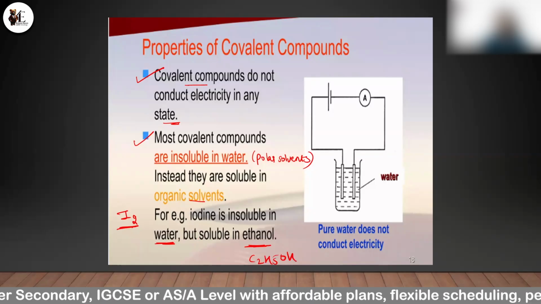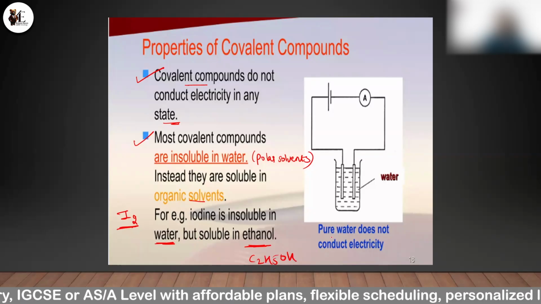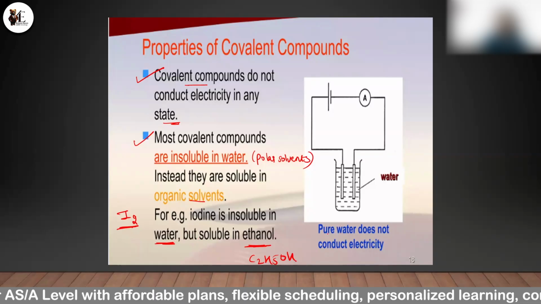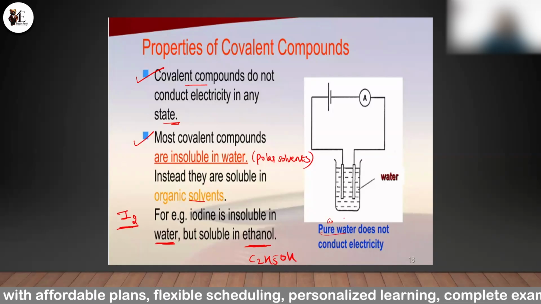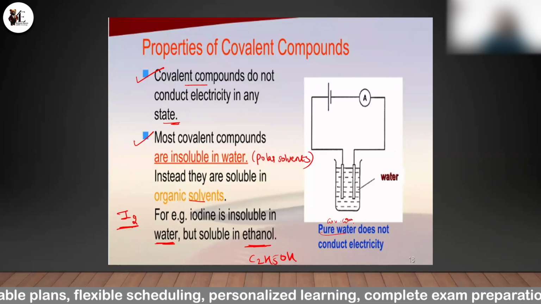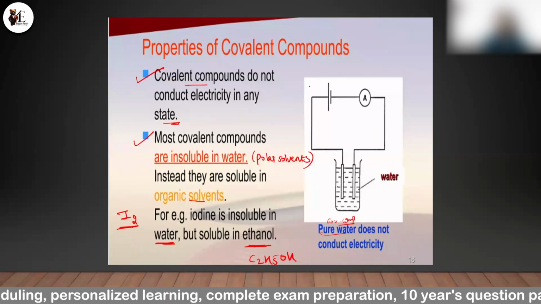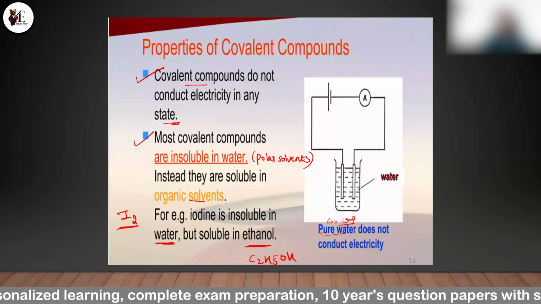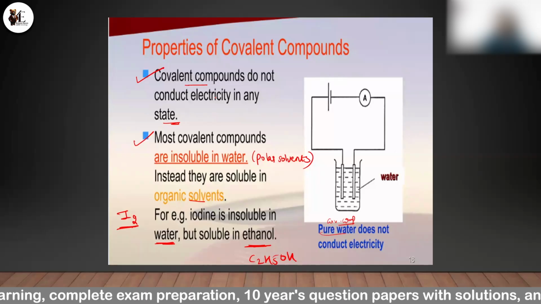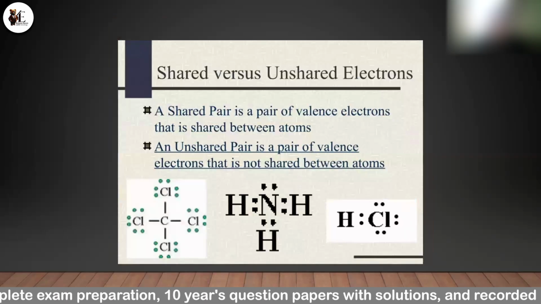You have to remember that pure water does not conduct electricity because pure water is a covalent compound, and covalent compounds do not conduct electricity because there are no free ions to carry the charges. Clear? Yes. Write it down first.